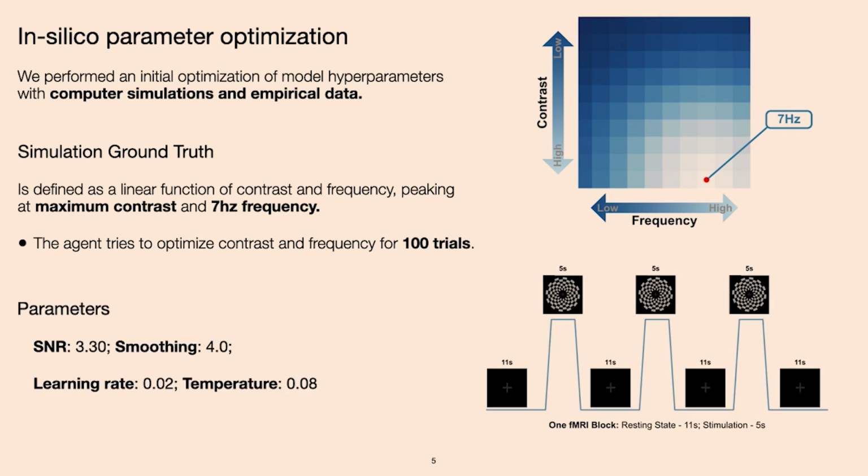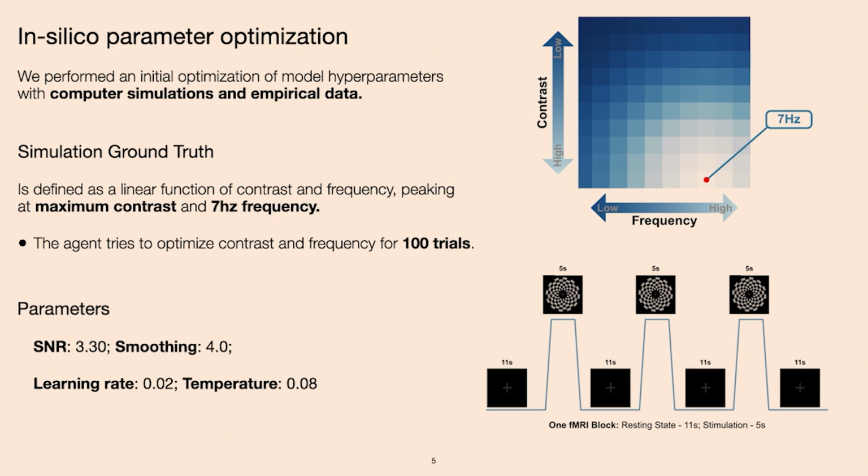We also optimized in the scanner we're using with the first participants, and what they are presented with is just a simple block design. They have a fixation cross at the center of the screen, and then 5 seconds of stimulation during which they see the checkerboard with a specific combination of contrast and frequency, and 11 seconds of resting state in which they see only the fixation cross.